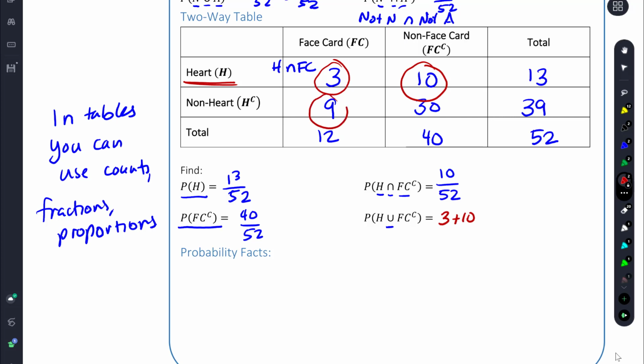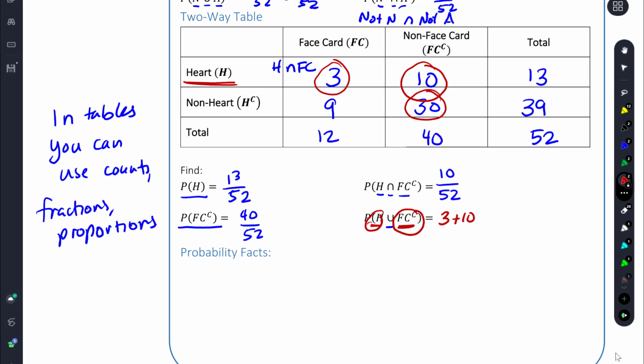What about this 9? Are these cards hearts? No, they are not, but are they non-face cards? No, they're not either. So this 9 does not get included because it does not meet the condition of being a heart, and it does not meet the condition of being a non-face card. It has to meet one of those two conditions, and it doesn't meet either.